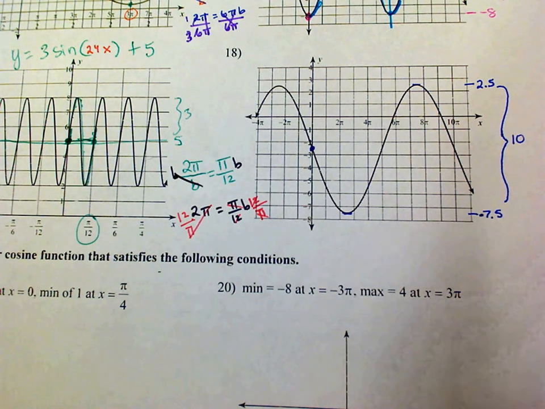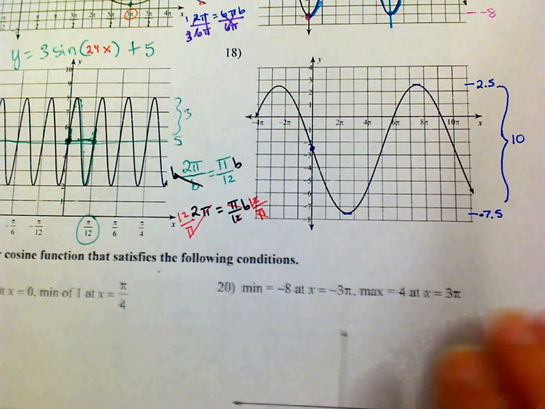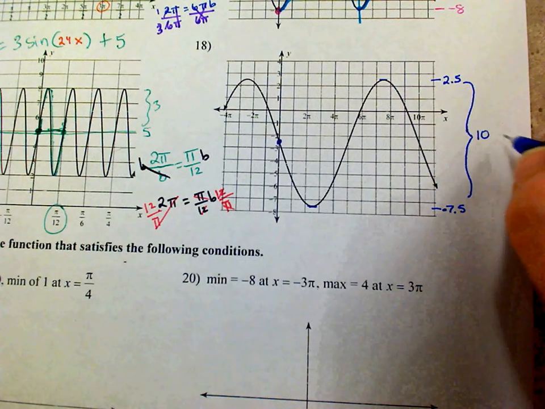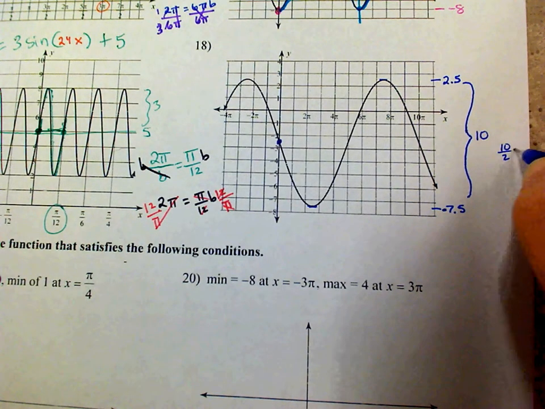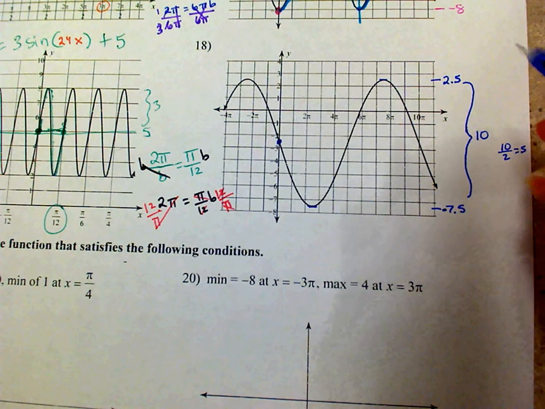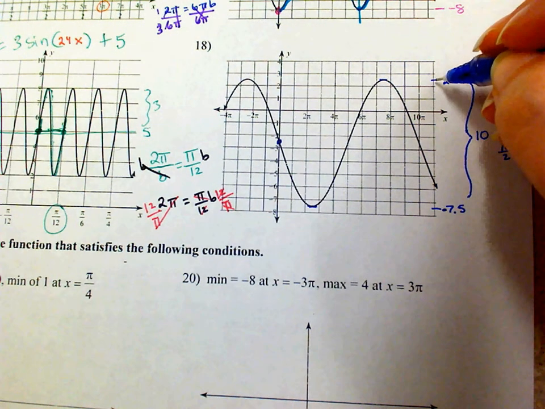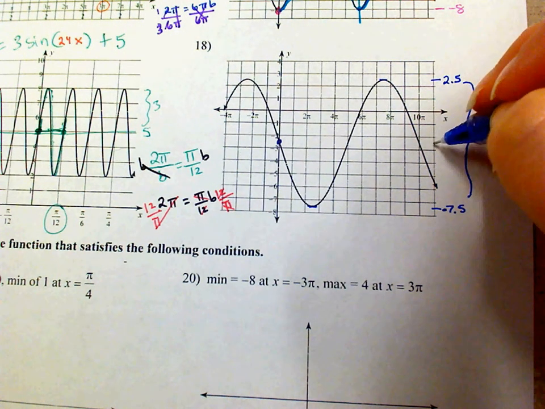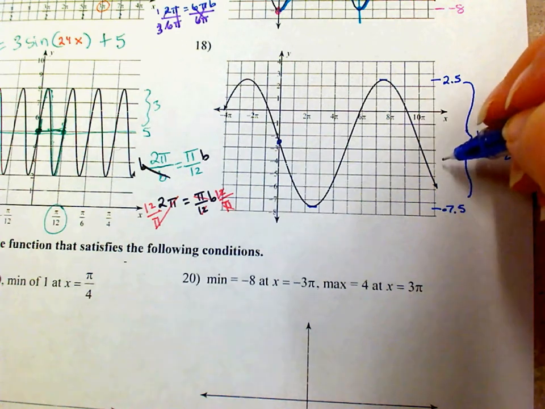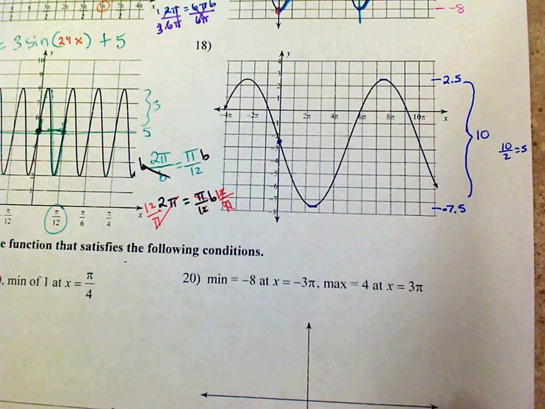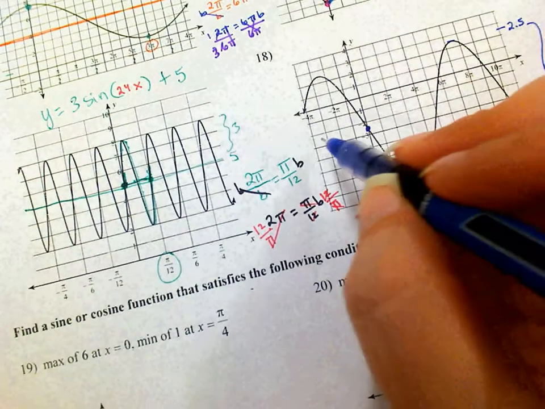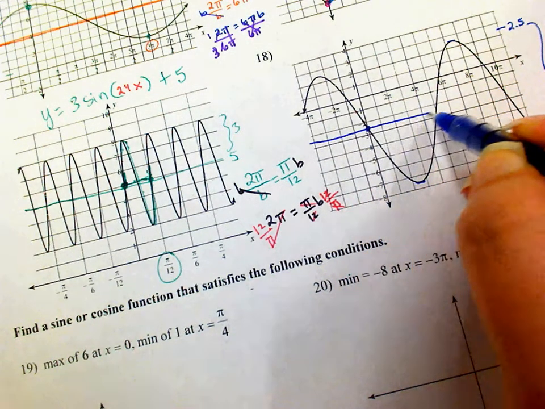So if I go 5 down from 2.5, then that means I'm down at negative 2.5. And if I go 5 up from negative 7.5, I'm at negative 2.5. So in fact, that is my midline. And you can see that my wave went through that point right there, right?